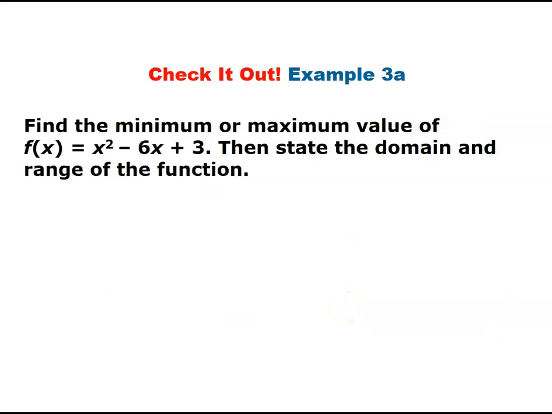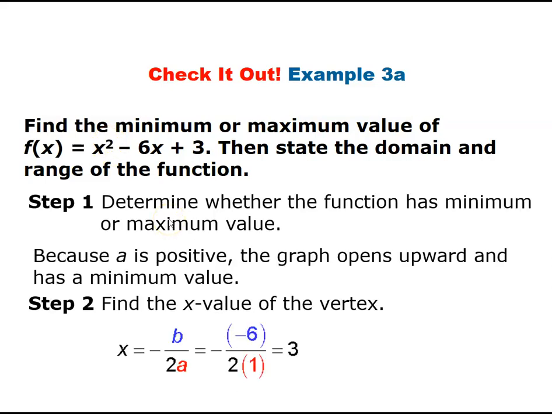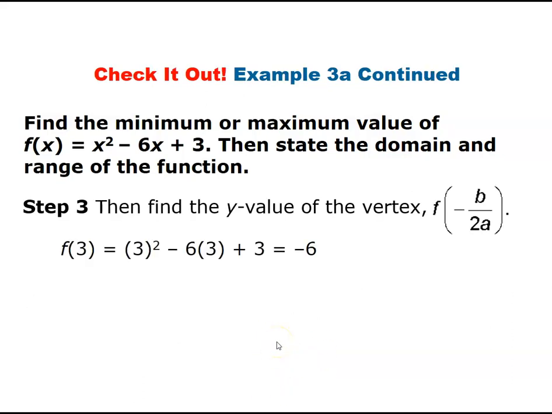Next, find the minimum or maximum value of the equation. This one opens upward because it is positive. Then state the domain and range. So upward, and then we have to find the vertex. x equals negative b over 2a, so we get 3. Then evaluating the function at negative b over 2a, at 3, we get negative 6.